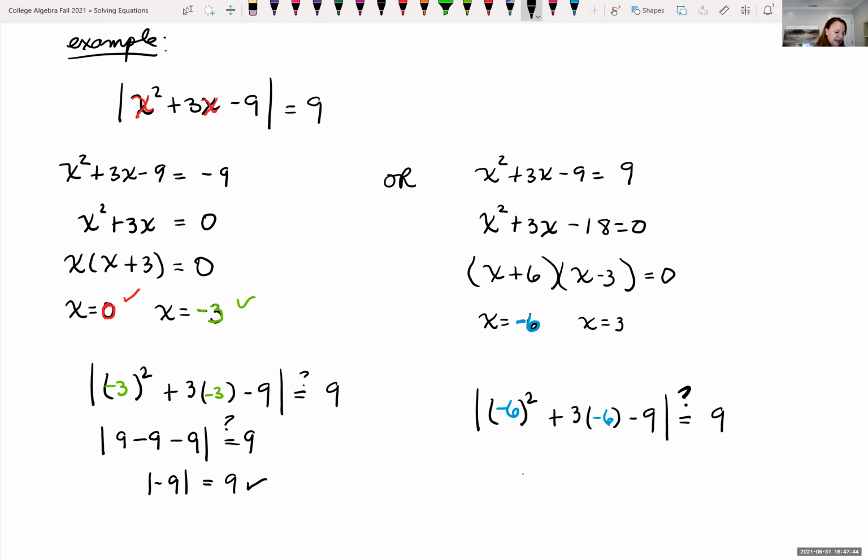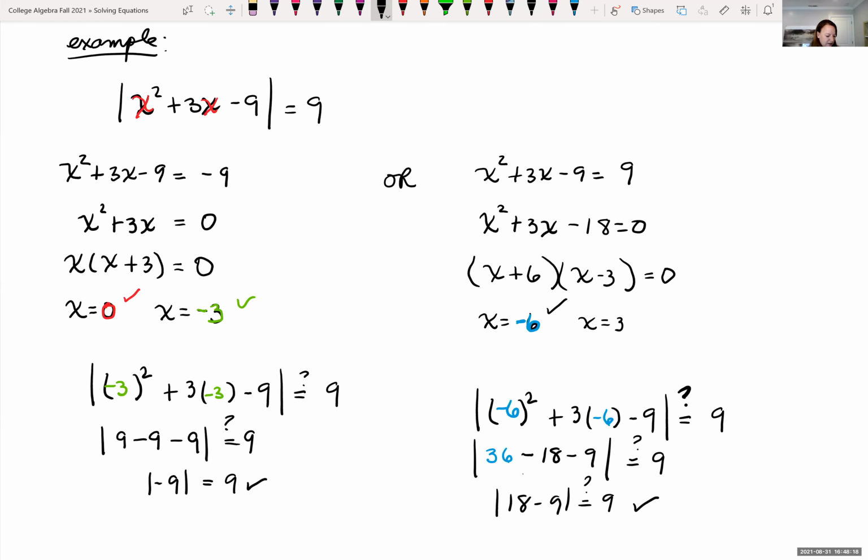So if we square negative 6, we get back positive 36, the absolute value of this, plus 3 times negative 6, so really minus 18, minus 9. Is that absolute value equal to 9? Well, 36 minus 18 is 18, minus 9. And I see 18 minus 9 is positive 9, absolute value of positive 9 is 9.